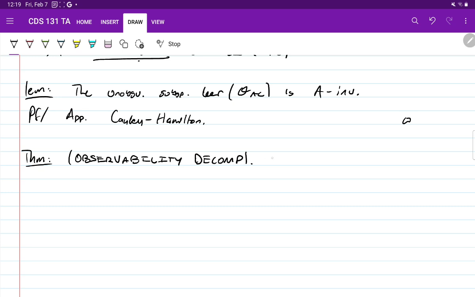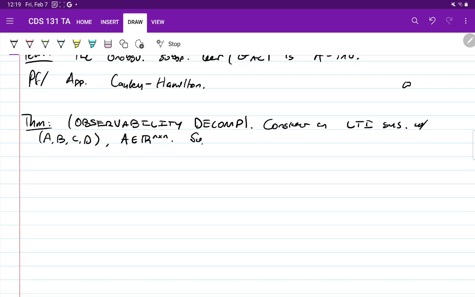Okay, so let's consider an LTI system with A, B, C, D, A in Rn by n, okay? Now let's say, suppose the observable subspace has dimension k, which is less than n.